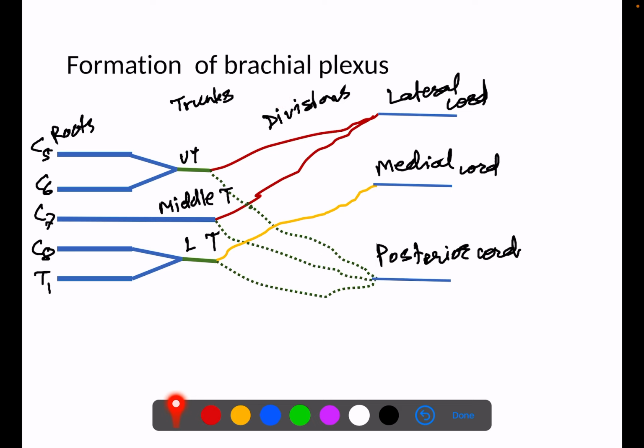So the roots and trunks are in the supraclavicular part, while the divisions are posterior to the clavicle, and the cords and their branches extend into the axilla, that is the infraclavicular part.